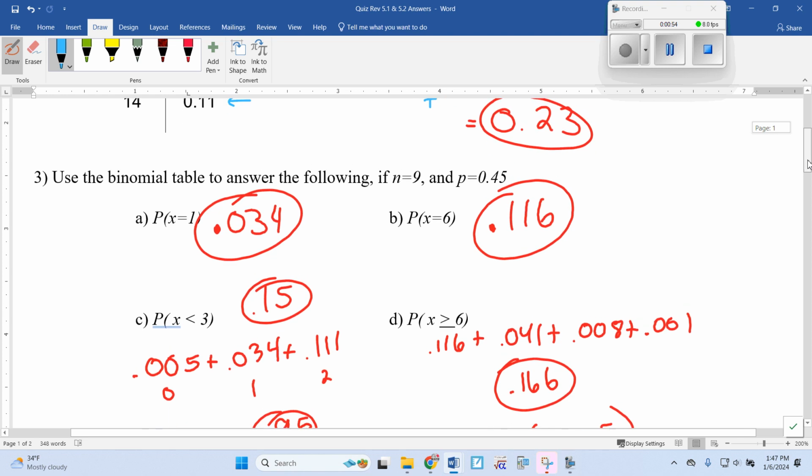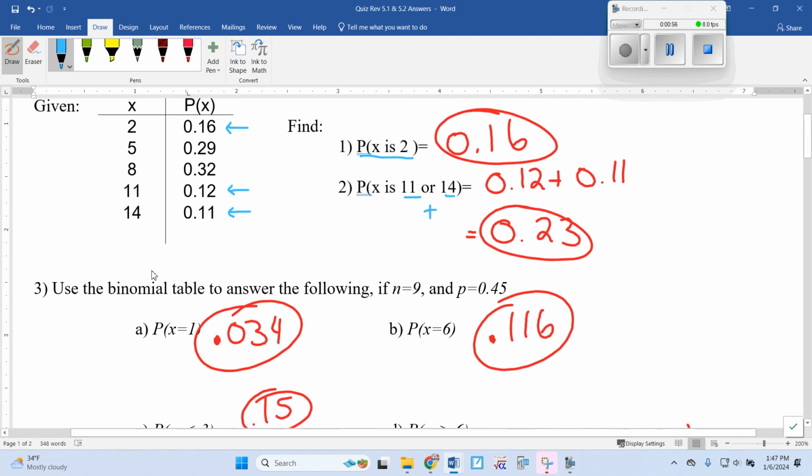The next question uses the binomial table, so we're using our pink tables to answer this question. And we have the information that N is 9, P is 0.45, so we're just looking those up in the table. If we have X equals 1, you're just going to N is 9, X is 1, go across to 0.45 to get your answer.